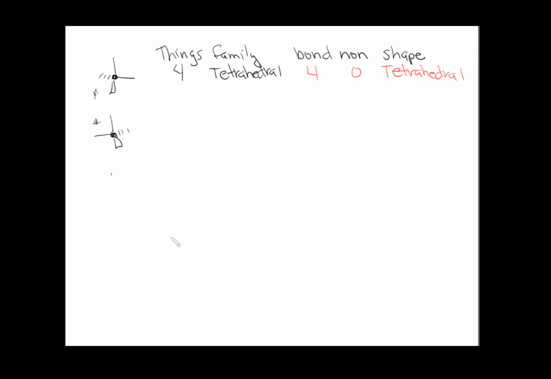Let's take a look at ammonia. It's drawn flat for convenience only. All right, how many things are around your center? 1, 2, 3, and 4. So it is in family tetrahedral. But this time there's only 3 bonding and 1 that's a lone pair or a non-bonding.